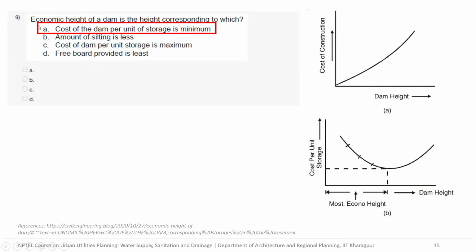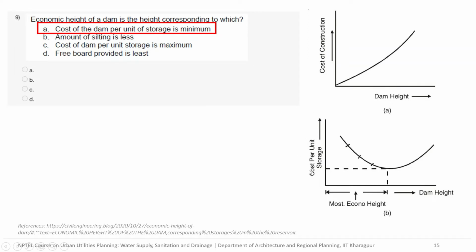As we can see, economic height, from the term economic, means we are looking at the economic efficiency, or trying to attain the most economy out of the construction. When we have any dam, with increase in dam height there is going to be an increase in cost of construction.